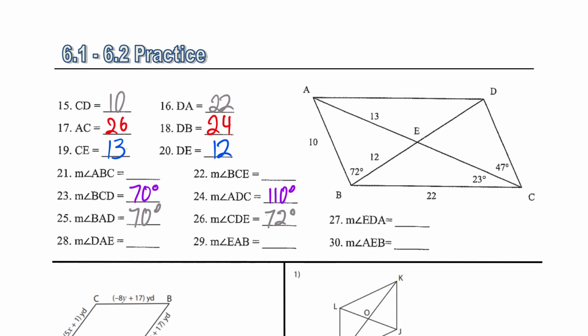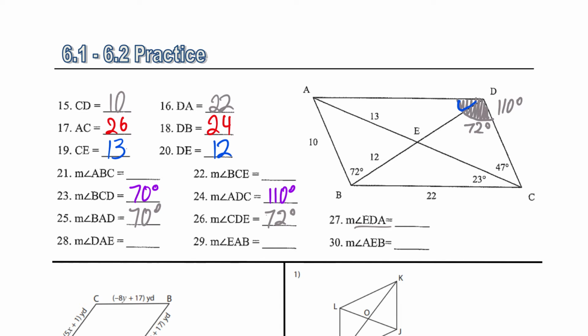Next, number 27 asks about angle EDA. So EDA is this angle right here. Let's think about this. We already said that this whole angle right here is 110. The whole thing is 110. And then we said that this one is 72.